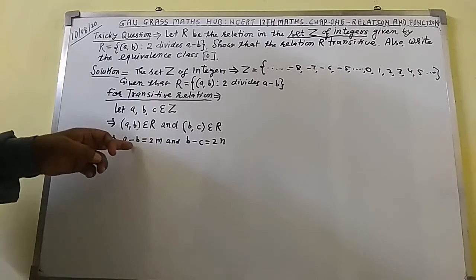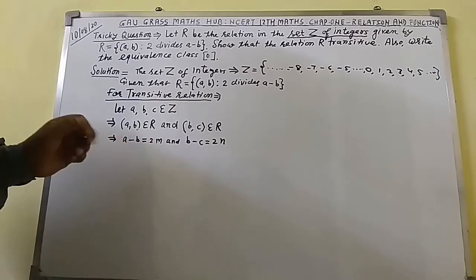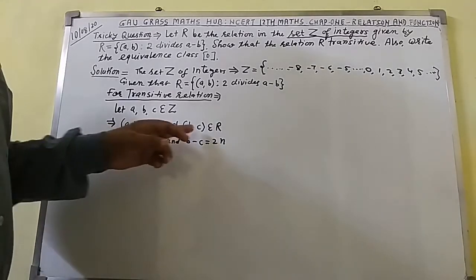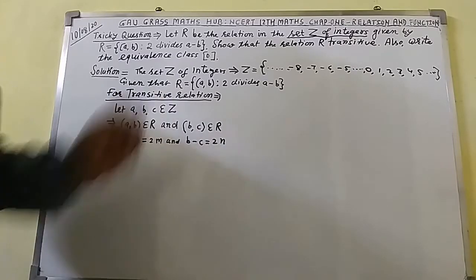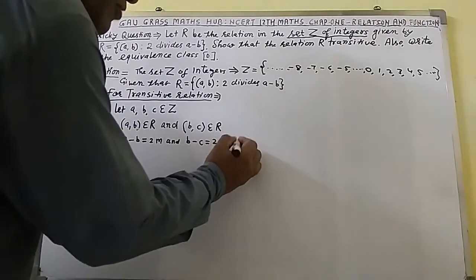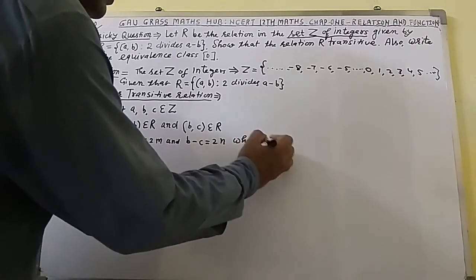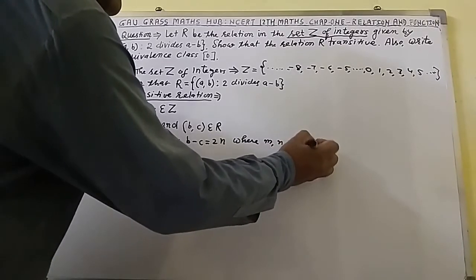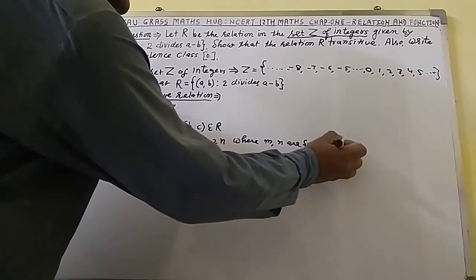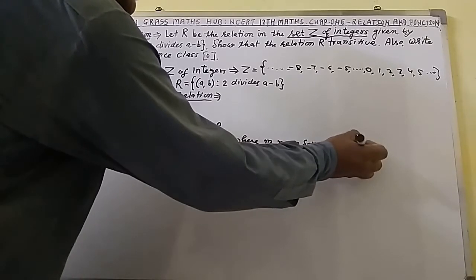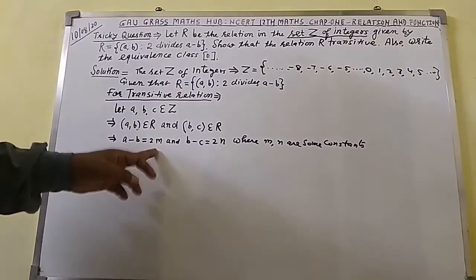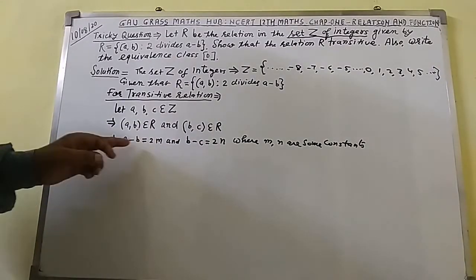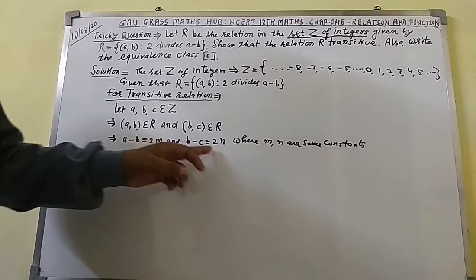This means that a minus b is divisible by 2. So this will become a minus b equal to 2m, and here b minus c equal to 2n, where m, n are some constants. Here m and n are constants, so a minus b will be divisible by 2 and b minus c will be divisible by 2.